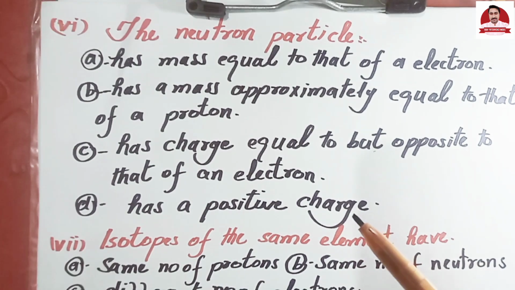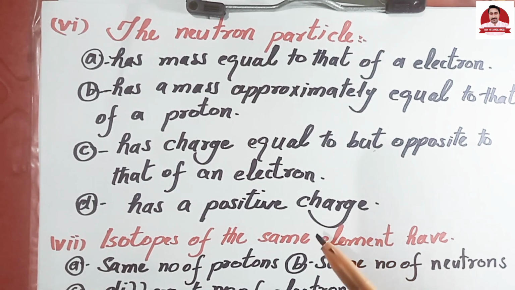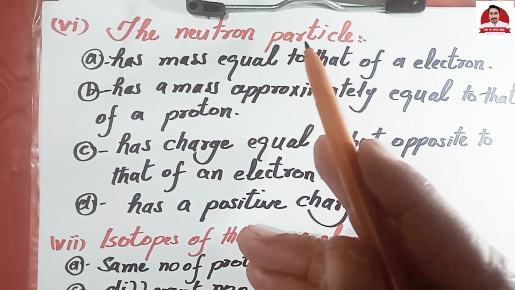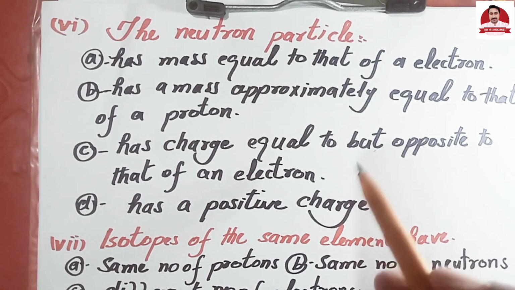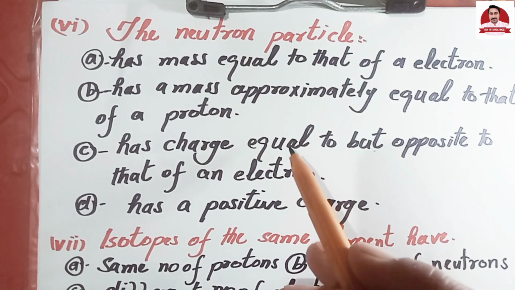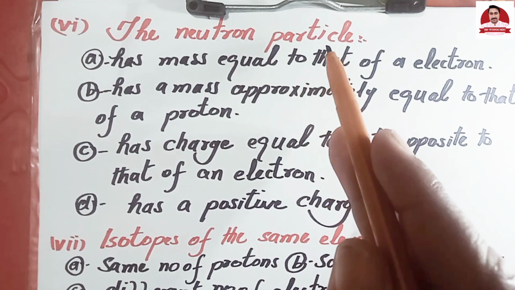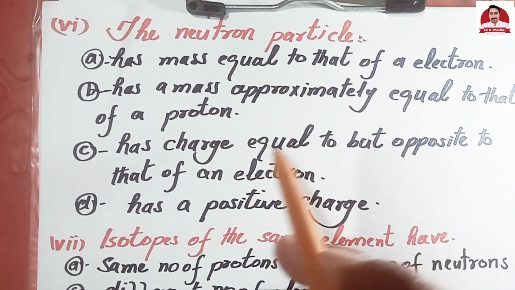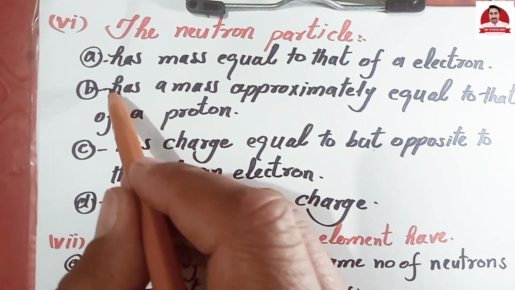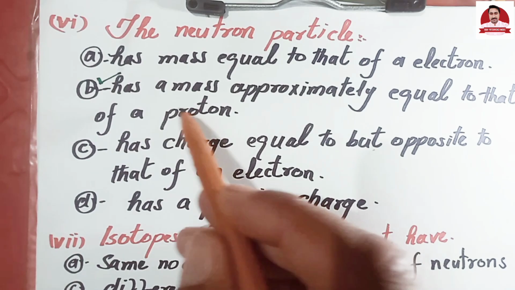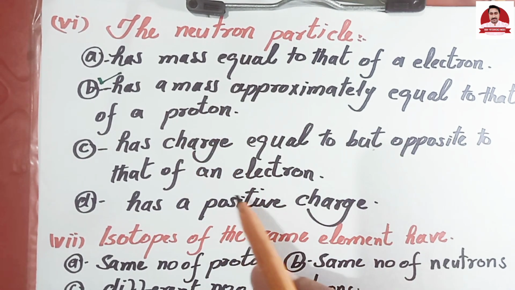As we know, a neutron is a particle with no charge and its mass is heavier than an electron, so option B is correct: has a mass approximately equal to that of a proton.